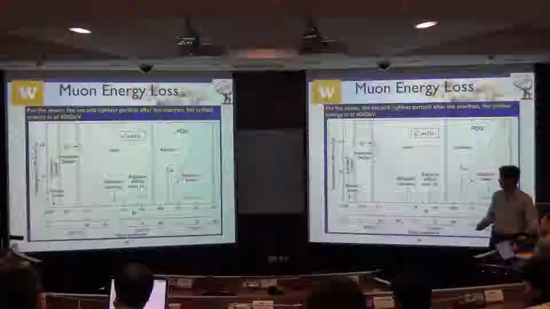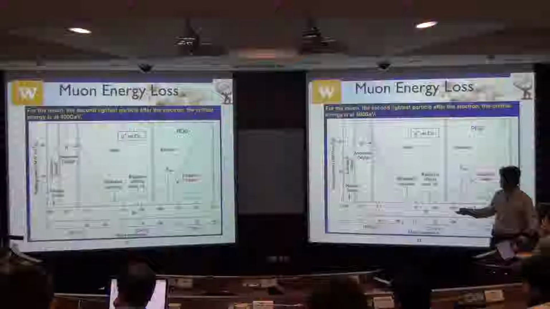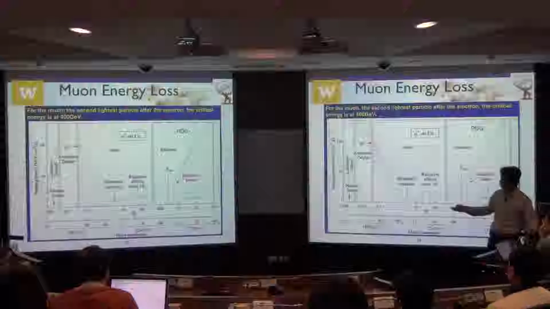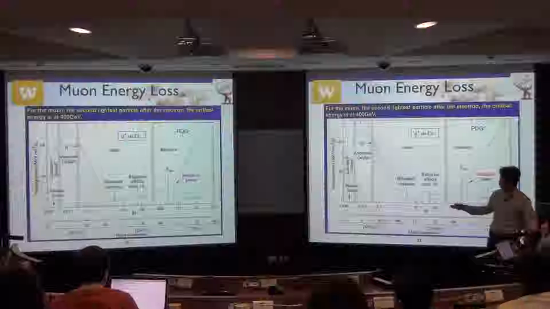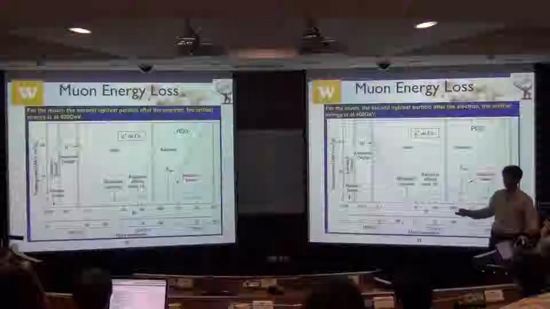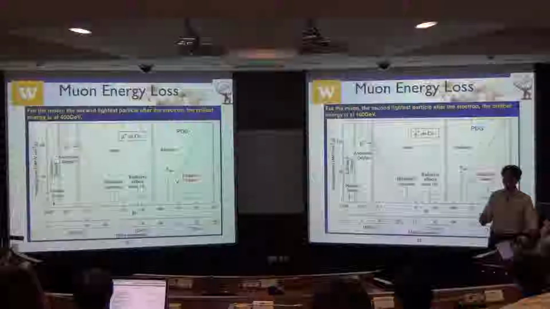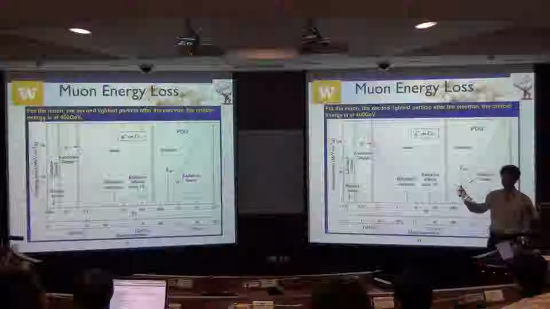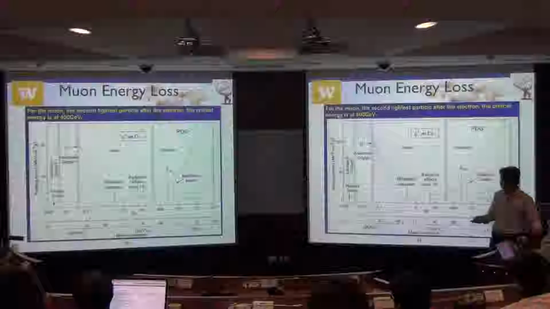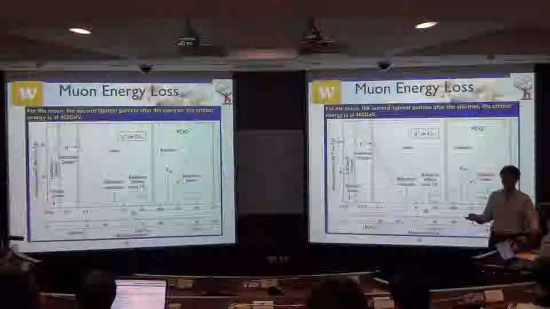Okay, but you also see if your muon has a relatively high energy, then it loses energy quite substantially, and this is actually the case where a muon could behave like an electron. It can undergo bremsstrahlung, radiating high energy photons out. Okay, so this is how a muon typically interacts with the material.